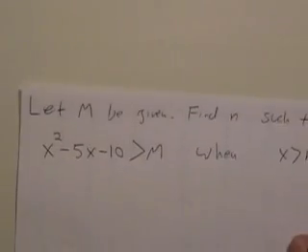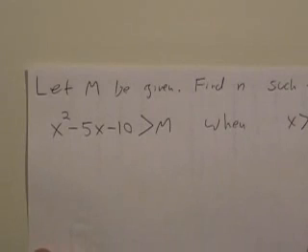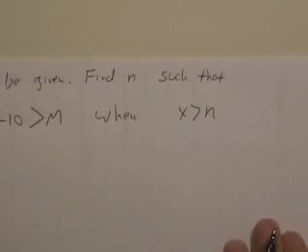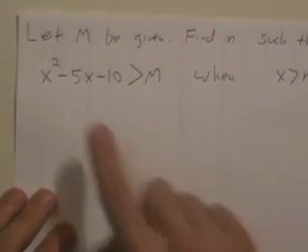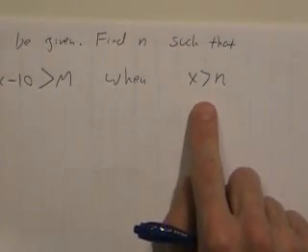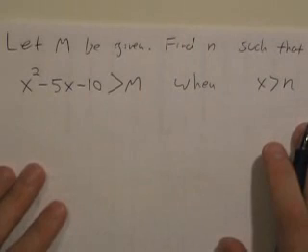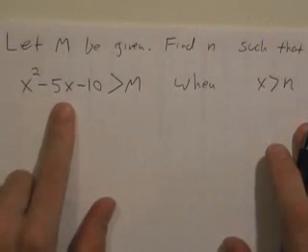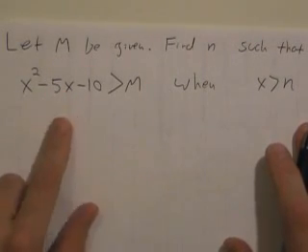I'll do the extra credit right now, though. First period had this one. Alright, we let m be given, find an n such that this function will be greater than m whenever x is in excess of n. So what we had to do was, it was tough because it has two x's in it, but you have to find something to compare it to.